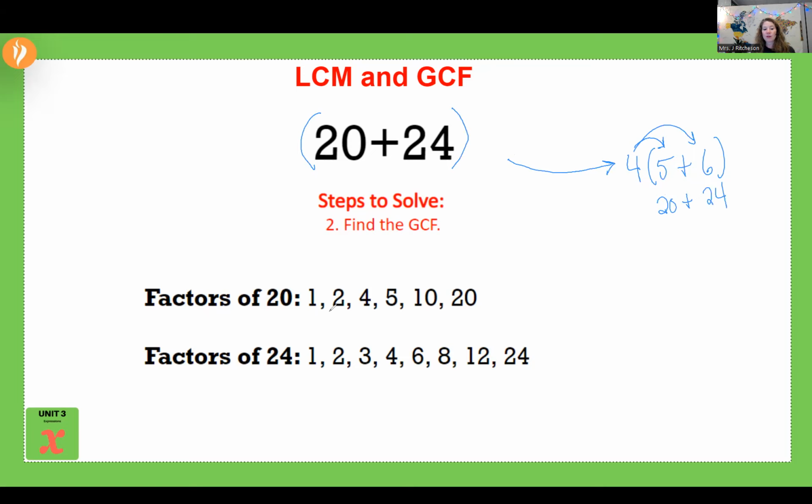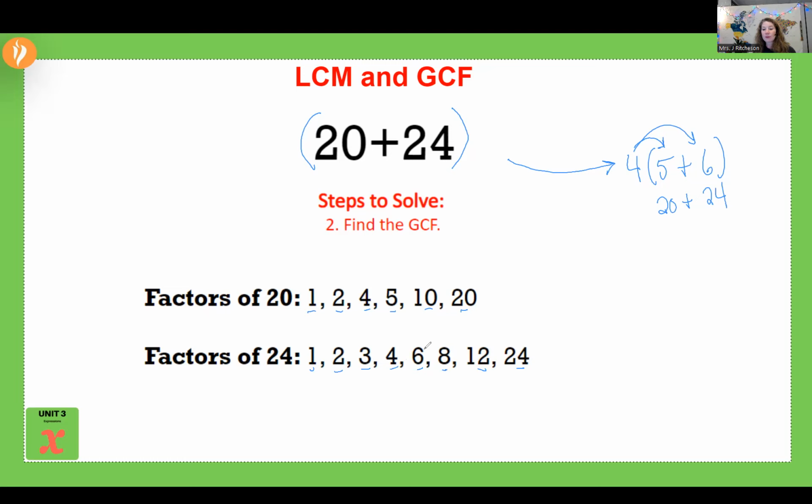So first of all, you can list out the factors of 20. So 1 times 20 is 20, 2 times 10 is 20, and 4 times 5. So we've written out all of the factors of 20, and then we can write out the factors of 24. So 1 times 24 is 24, 2 times 12 is 24, 3 times 8, and 4 times 6.